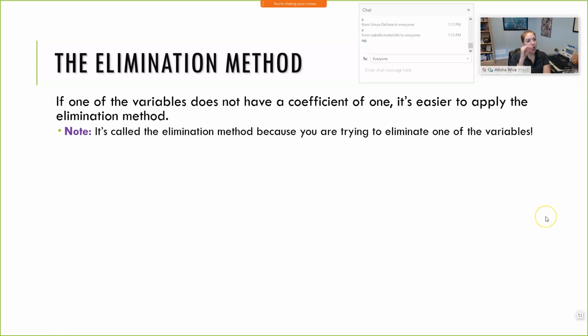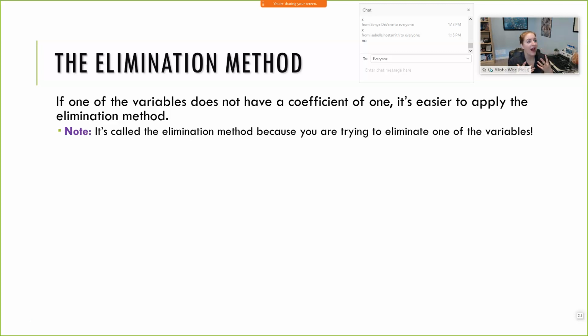And the reason why we use the elimination method is sometimes we have systems of equations that are extremely difficult to get a variable by itself. You might end up with fractions, with really nasty decimals. Nobody wants that, right? So instead, we have another method, the elimination method. It allows us to not have to work with those decimals and stuff like that.